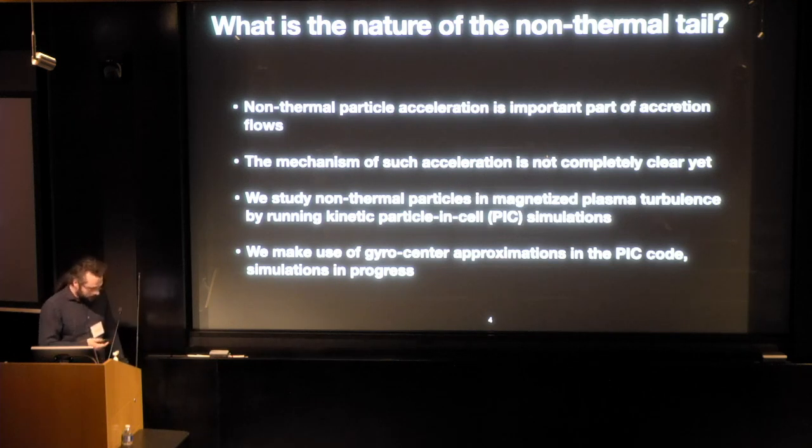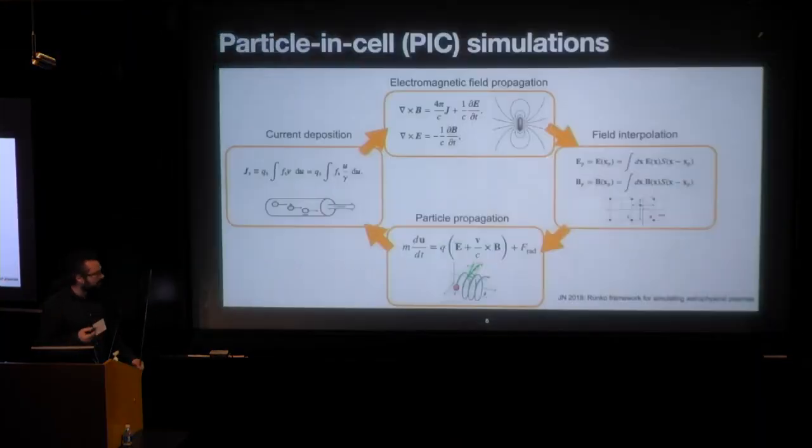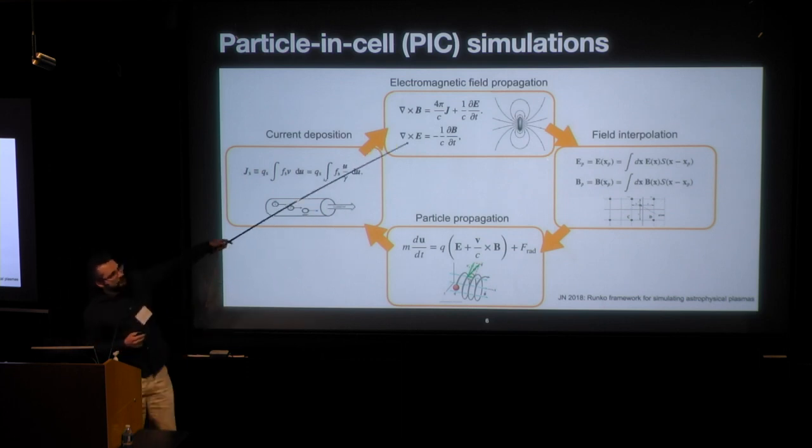So how do we study this magnetized turbulence while sitting in the room? Of course, by numerical simulations. We use the particle-in-cell simulation approach. It is very useful because it simulates the plasma from first principles. So the basic components we have in our simulations are, of course, electric and magnetic fields.